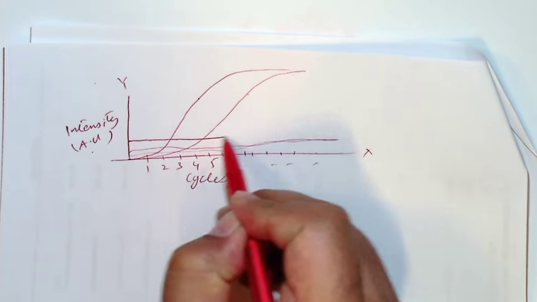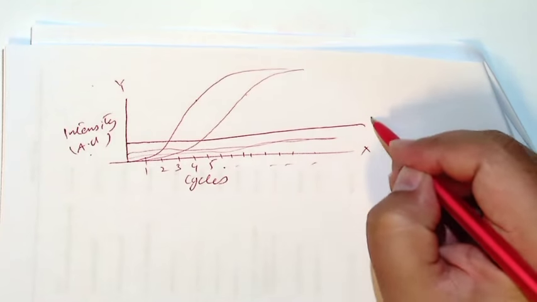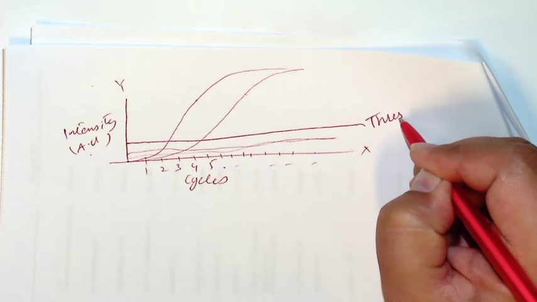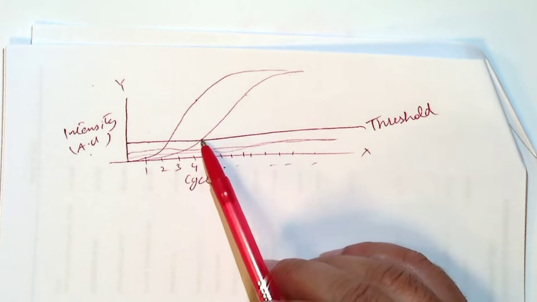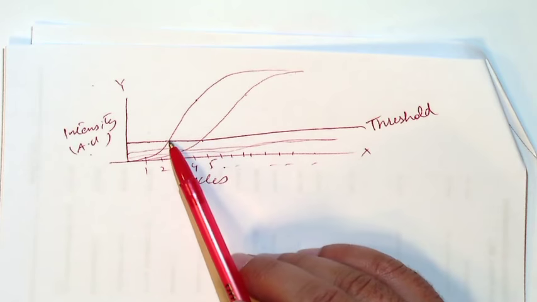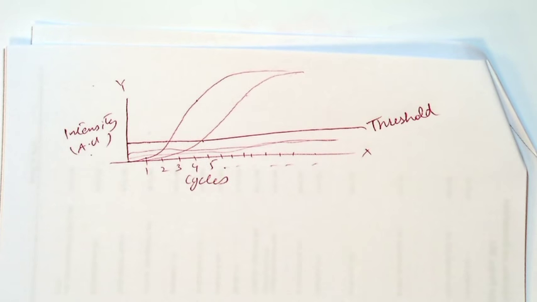Let's say this is our threshold, and we consider the amplification is occurring when your signal crosses that threshold. So in this case it is crossing the threshold here, and in this case crossing the threshold here. Okay, so far it's fine.